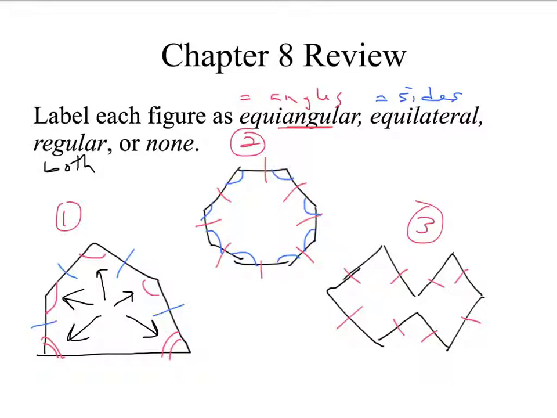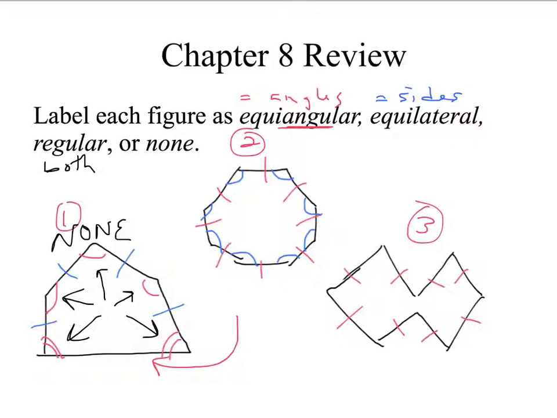Is it equilateral? No, because this fifth side right here is not equal to all the others. It is none. Once we rule out equiangular and equilateral, we can automatically say it's not regular because they need to be both of them.